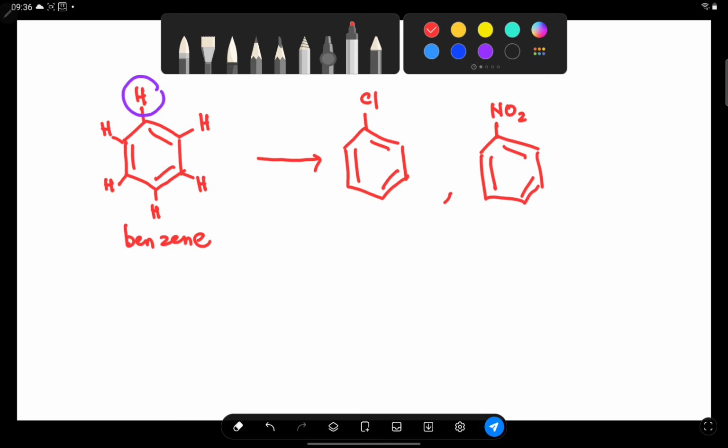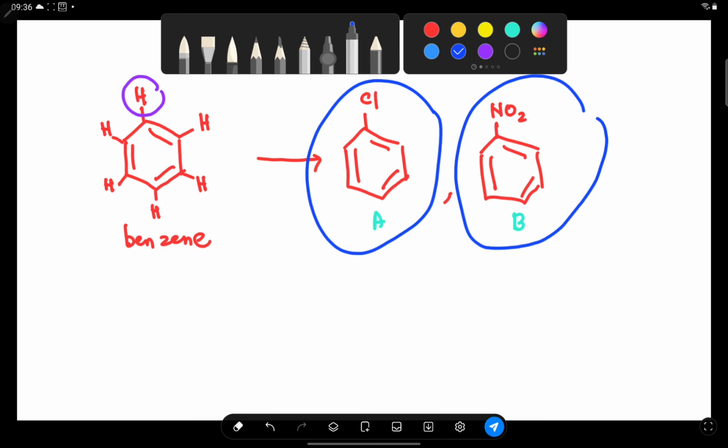So what is the difference between A and B? What is the major difference between compound A and B? The major difference is the substituent attached to the benzene ring. So what is the characteristic of both substituents, Cl and nitro group?